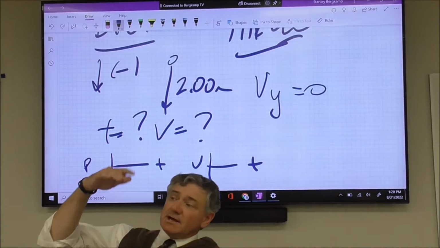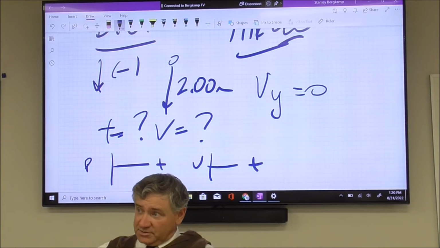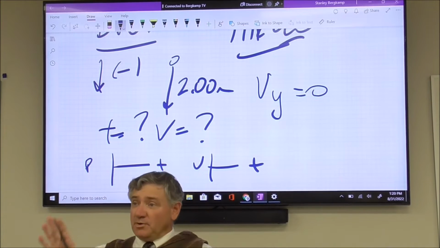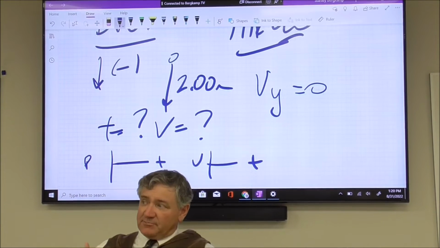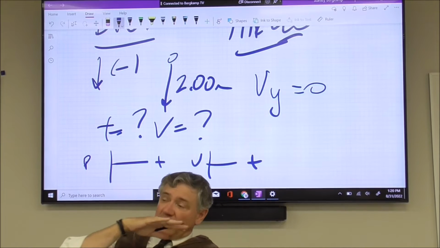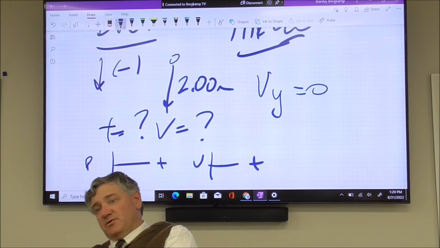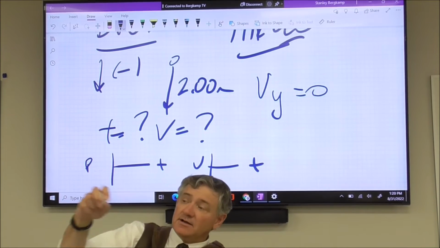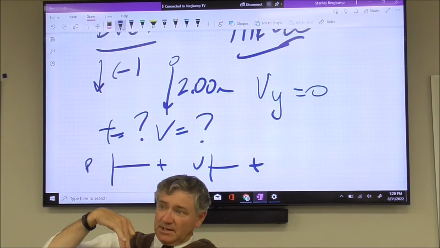Okay? Now the reason I put Vy is because I'm talking about vertical motion. You don't have to put the y in there, but it's not a bad habit to have, because that way eventually we're going to have projectile motion, we're going to have horizontal motion and vertical motion at the same time. Like if I throw this to Vitor and throw it like that, that ball would have horizontal motion and vertical motion at the same time.